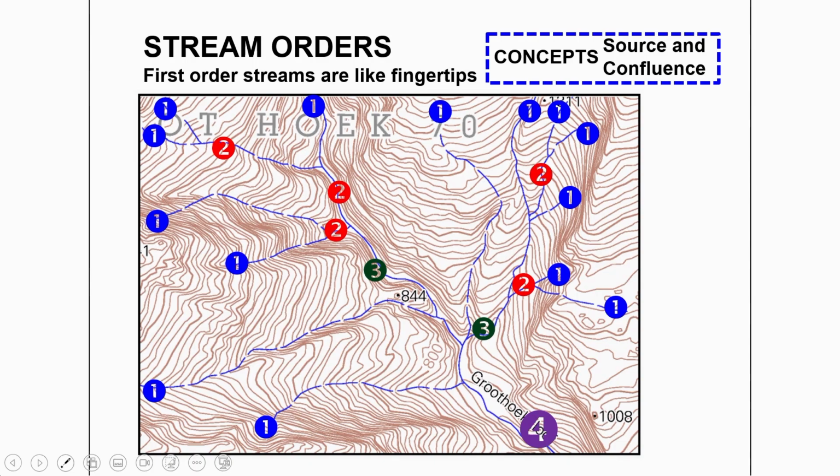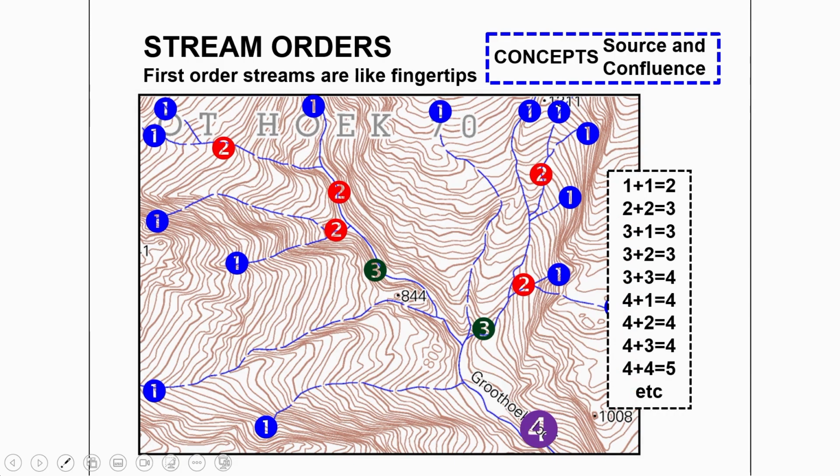Now, this is a bit confusing to some people because they treat it more like mathematics, and this is not mathematics. We call it geo-adding. So 1 plus 1 will produce the next order, which is 2. 2 plus 2 will produce the next order, which is 3. So now you can see it's not your normal mathematics.